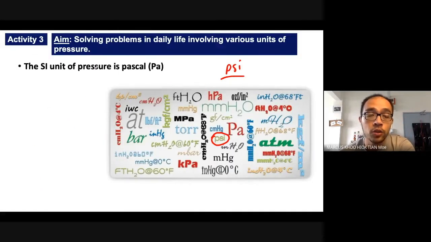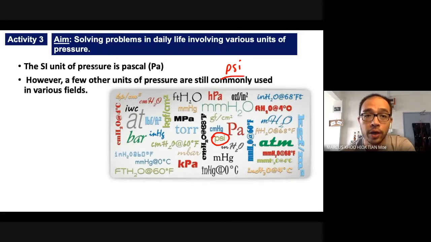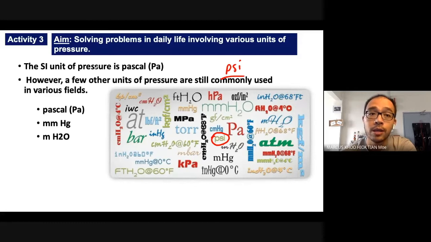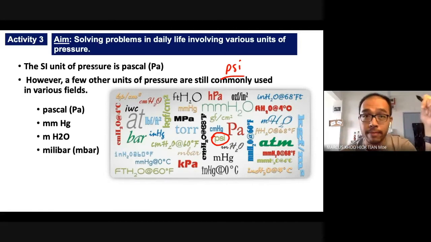The SI unit for pressure is always the same, it's always Pascal. But in certain fields, we use different units, and the four most commonly used ones are Pascal, millimeter mercury or centimeter mercury, meter water, and millibar.